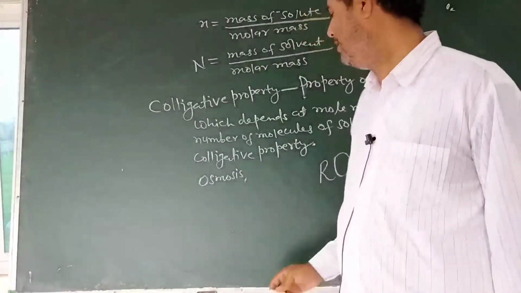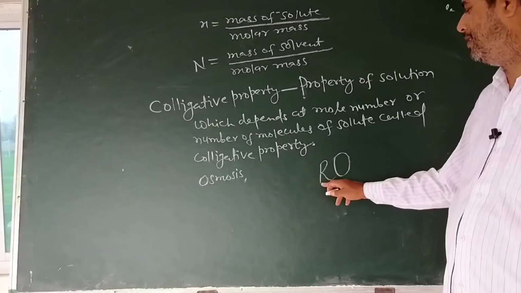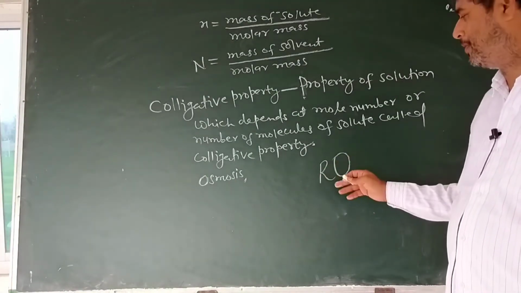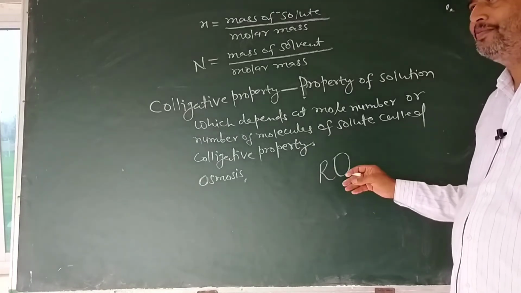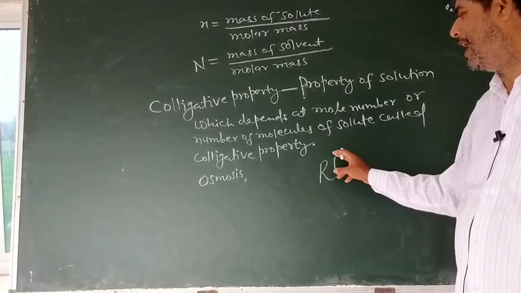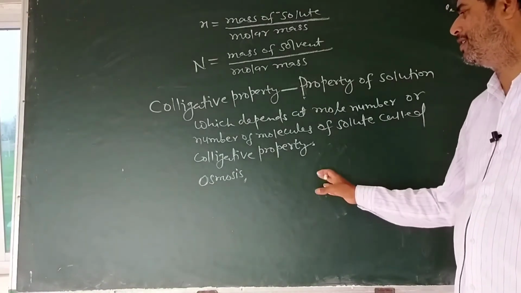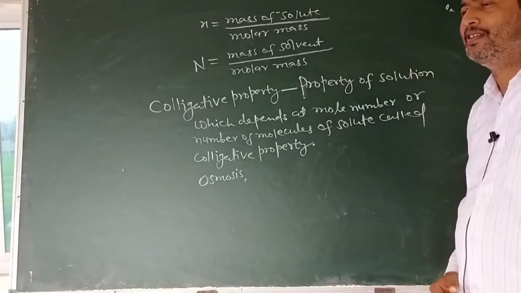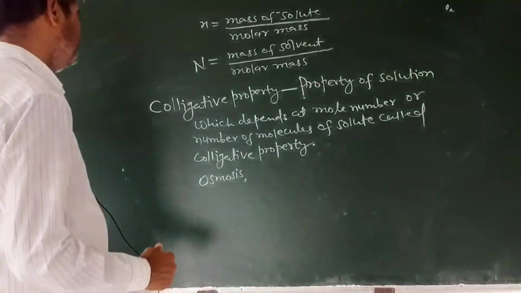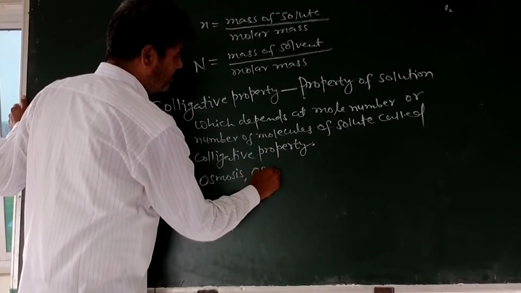So RO means R means reverse, O means osmosis. The phenomenon or procedure that represents reverse osmosis is known as RO. Osmosis comes under colligative property. Osmotic pressure.